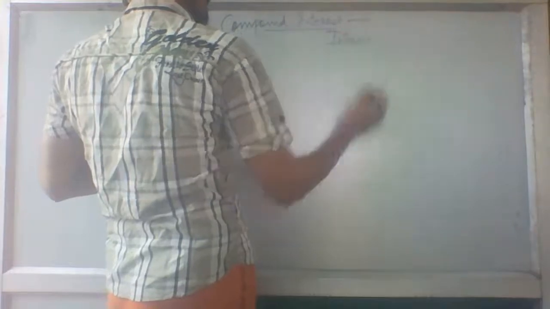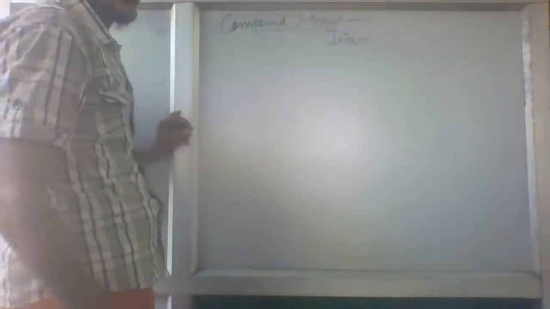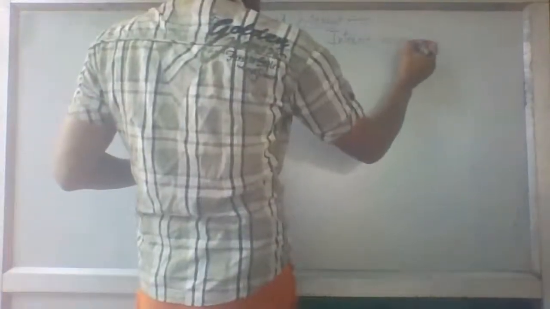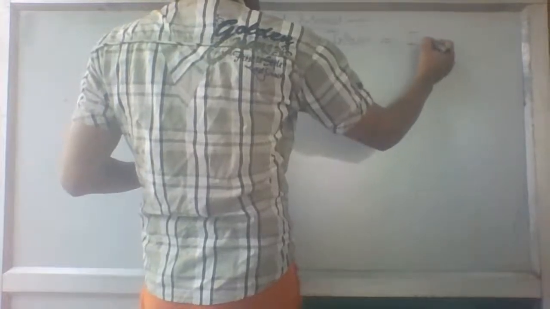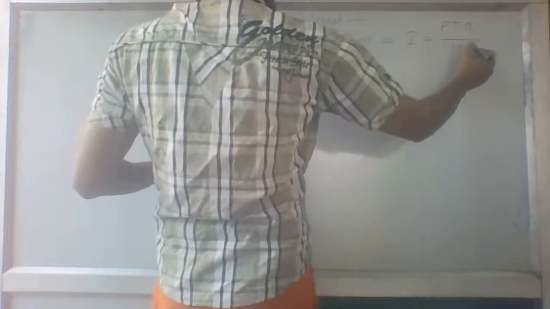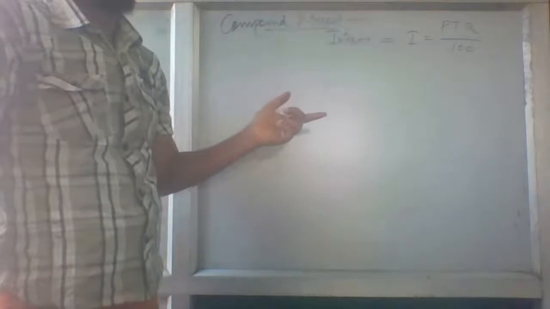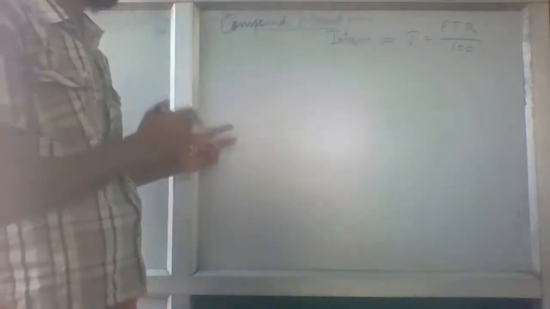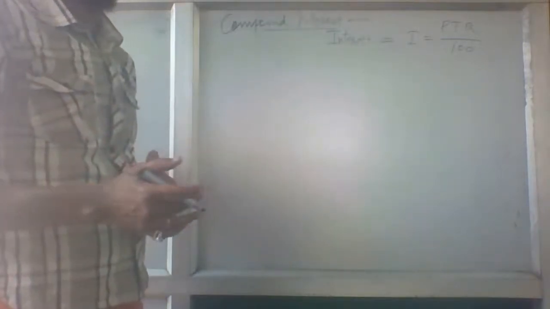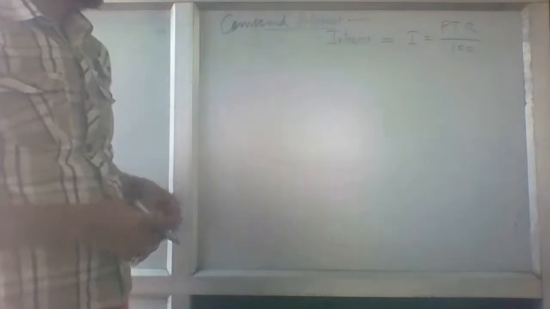The formula for interest is I is equal to PTR upon 100. Now, this formula can be used both for simple interest and compound interest.